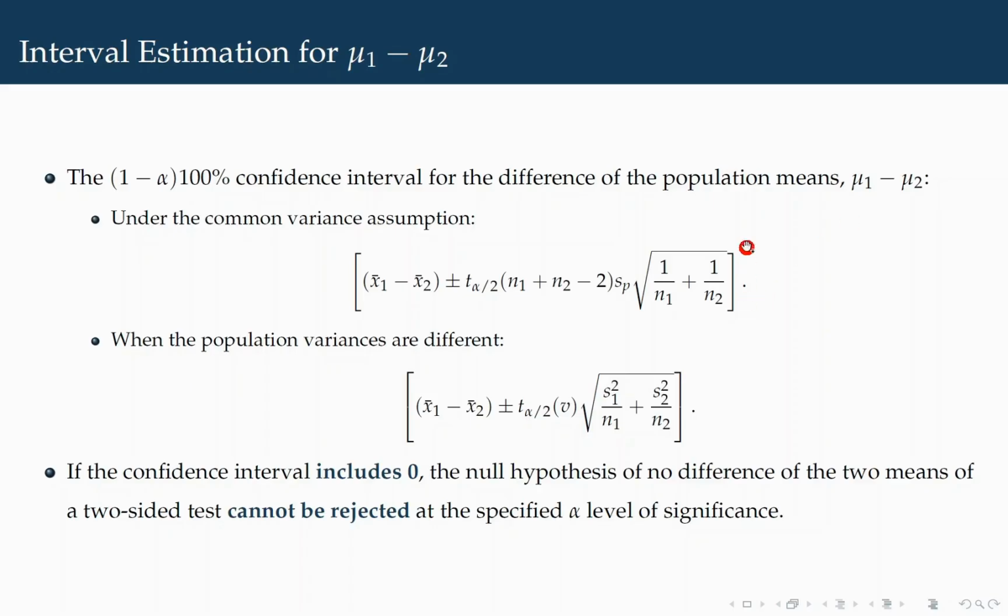In other words, if this confidence interval contains the value 0, that means mu1 and mu2 are not significantly different. But if these confidence intervals do not contain the value 0, then we can say these two means mu1 and mu2 are significantly different.